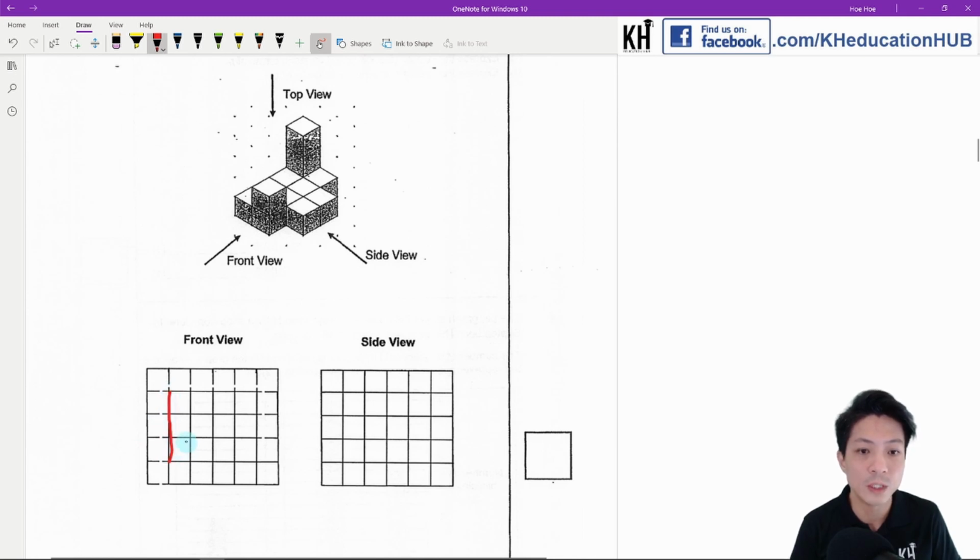So 1, 2, 3. And then after that, the base will be another 3. Okay, it's gonna go up like this. Go up 2 and another 2.